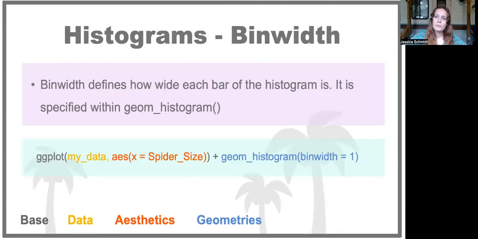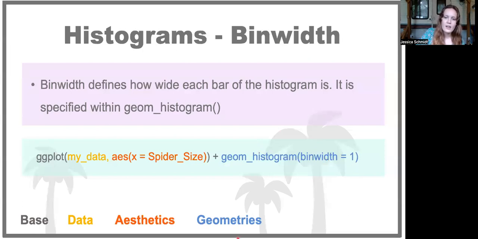One histogram ggplot feature I do want to practice with you guys is bin width. Bin width defines how wide each bar of the histogram is, and it's specified within this geom_histogram. So here we have our geometry, right? This is just our basic data, aesthetics, and then inside the geom_histogram function, we can specify bin width. Please try typing in the code below and see what a bin width of 1 looks like.